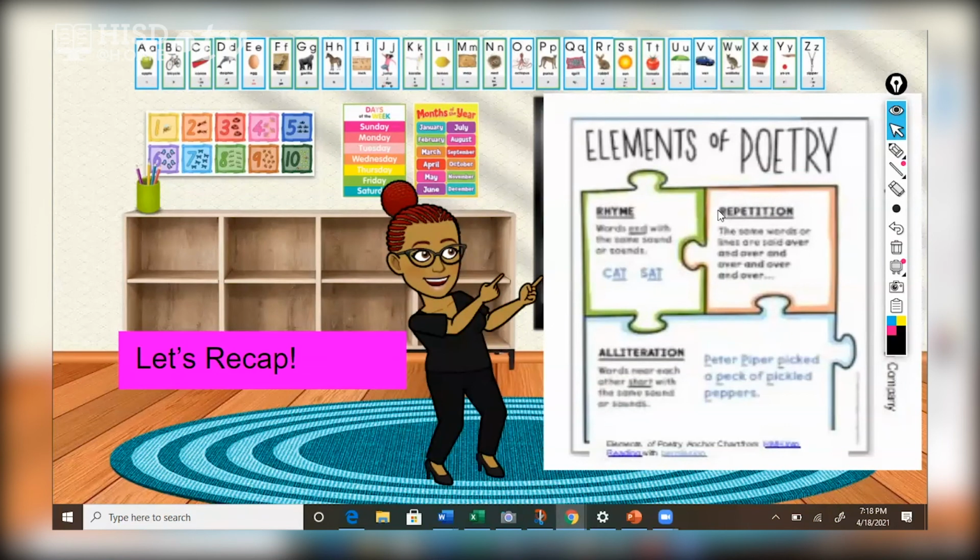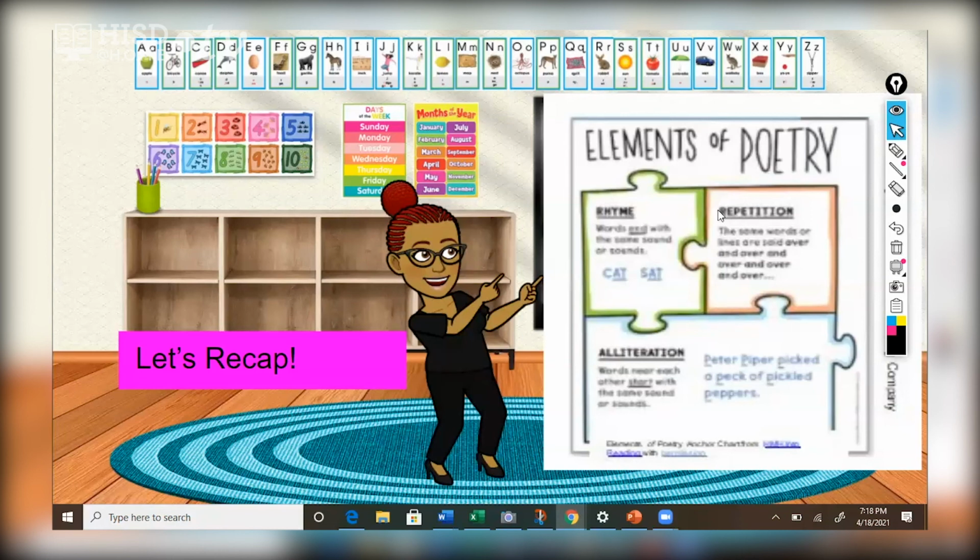Rhythm is the particular beat that words flow to. Rhyme and rhythm sound alike, but rhythm is like music. It's a beat, it flows. Rhyme is when words have the same ending sound, but a different beginning, like cat and sat.